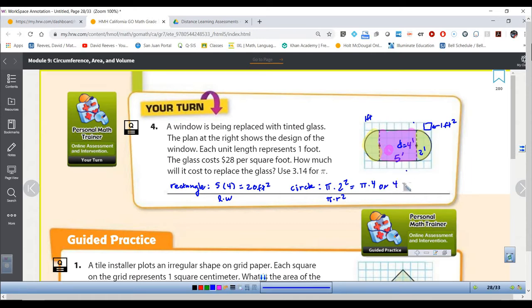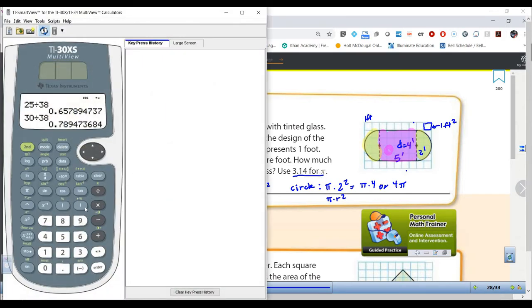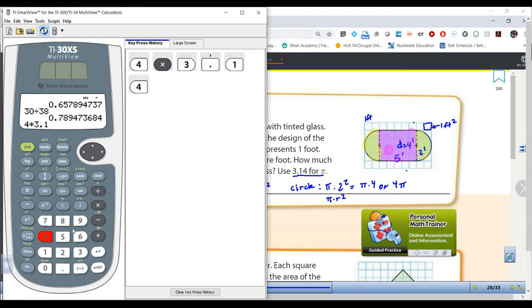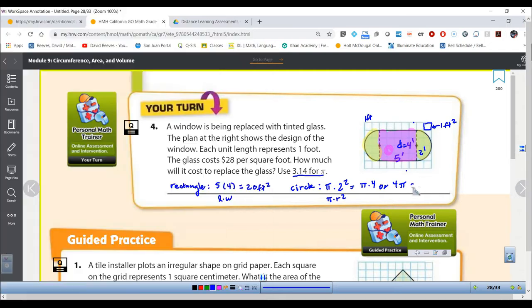So it's pi times 2 squared, or pi times 4, or if you prefer, 4 times pi, right? All right, but what did they tell us to use for pi? They said, as all these problems have done, consistently to use 3.14 for pi. So I'm going to pull up my calculator, and I'm going to do 4 times 3.14. And when I do that, I get 12.56. 12.56 is the approximate area of those two put together.